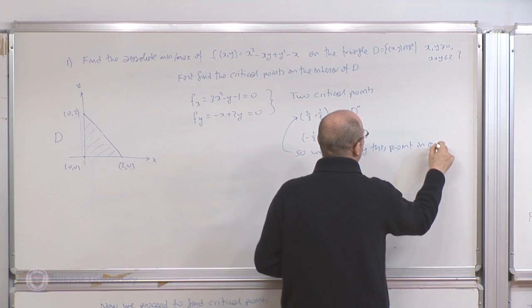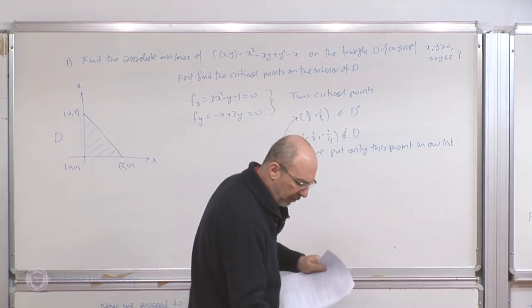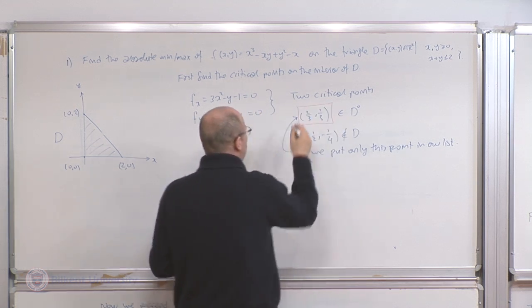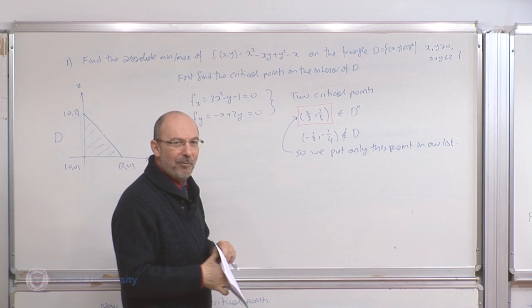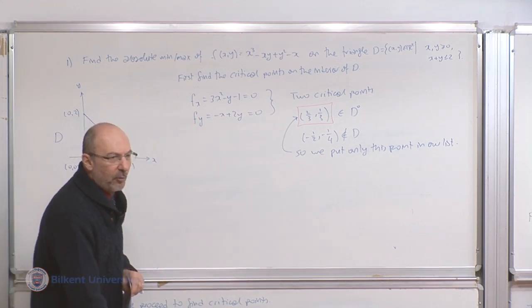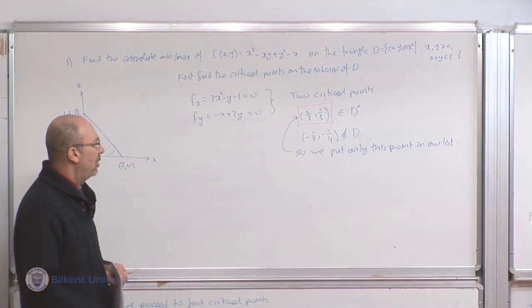So we put only this point in our list. Okay, so when you are doing this yourself, it helps to put these things into a box so that later on, when you go through your calculations, you don't try to check where the points in the list were. You immediately see that the points in your list are boxed.